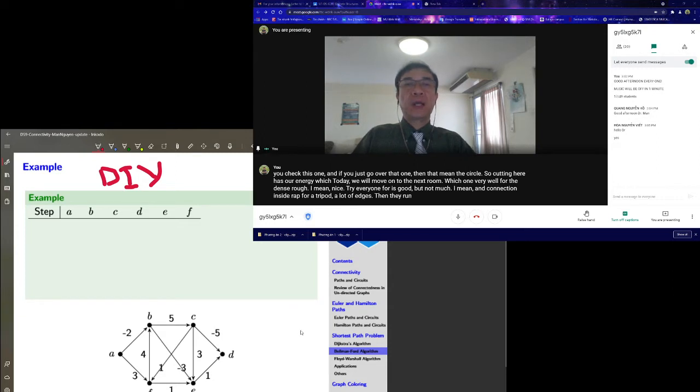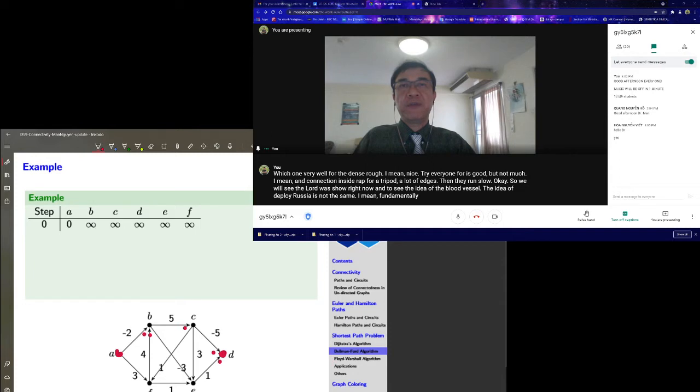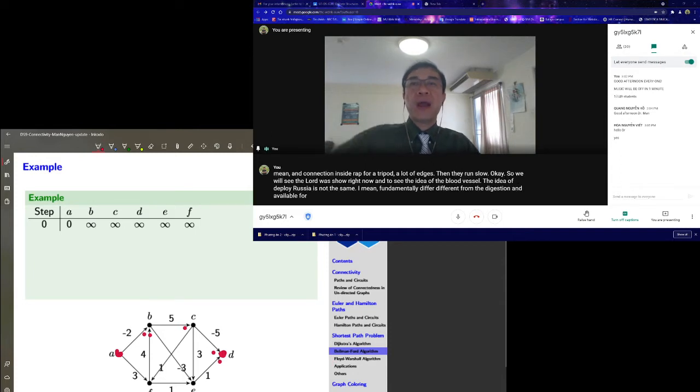Okay, so we will see the Floyd-Warshall algorithm right now. The idea of Floyd-Warshall is fundamentally different from Dijkstra and Bellman-Ford, where we rely on the concept we call the triangle inequality.